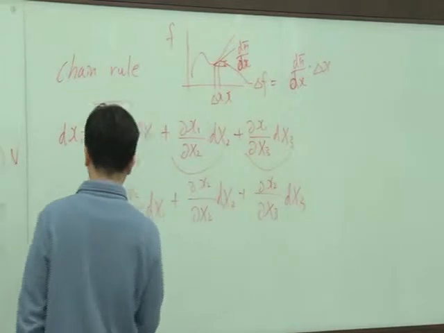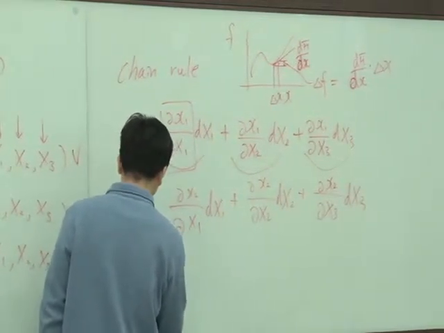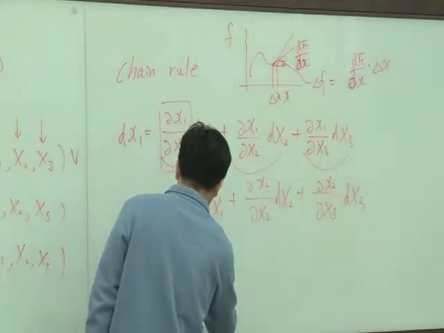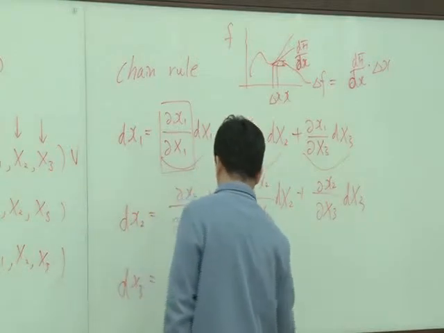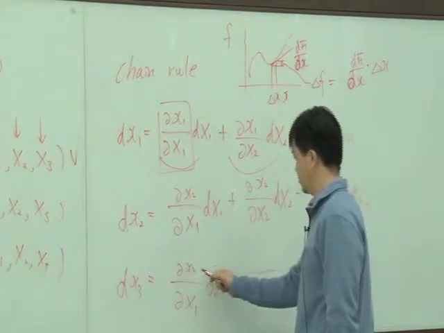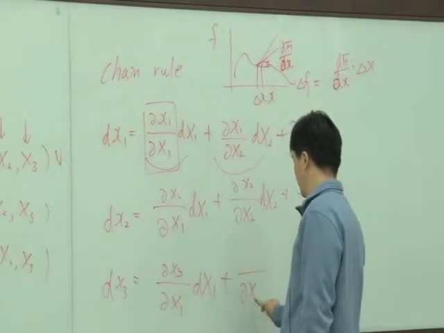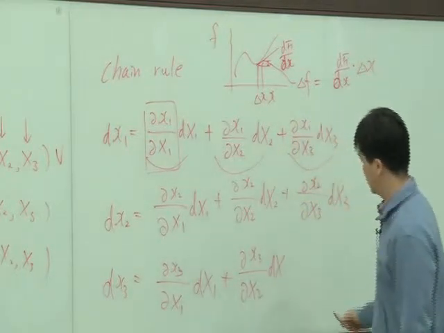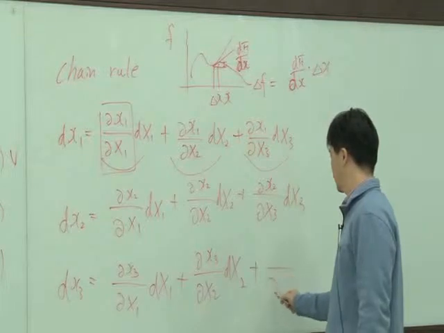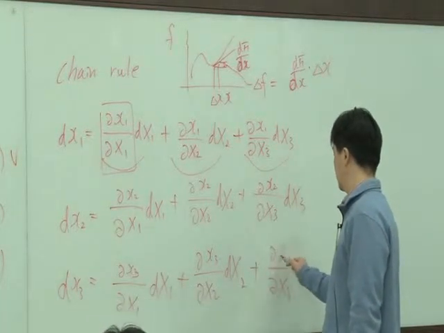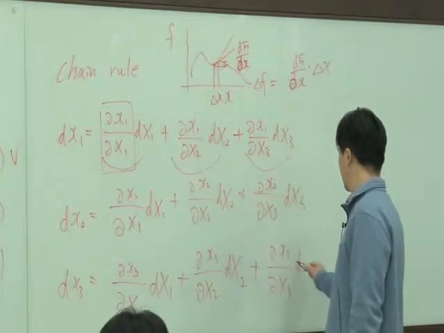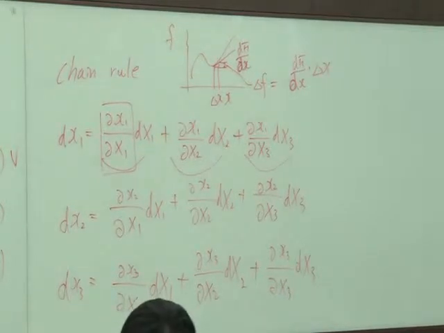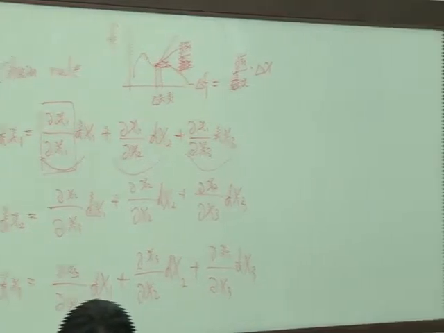And then we have one more equation, finally, for x3. So this is just the chain rule.